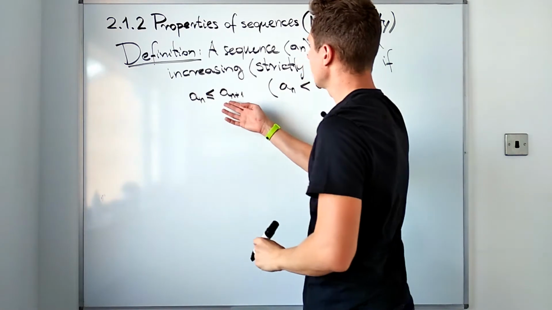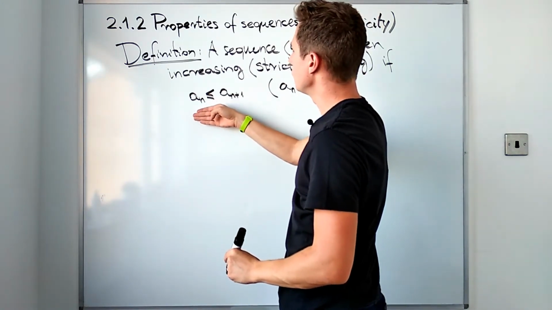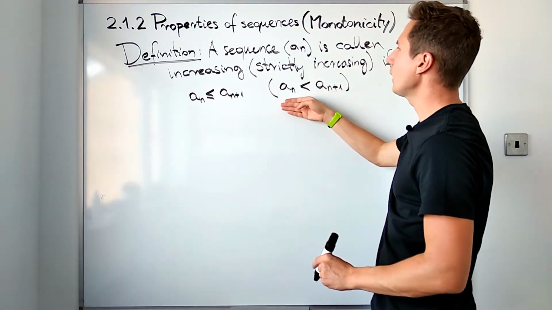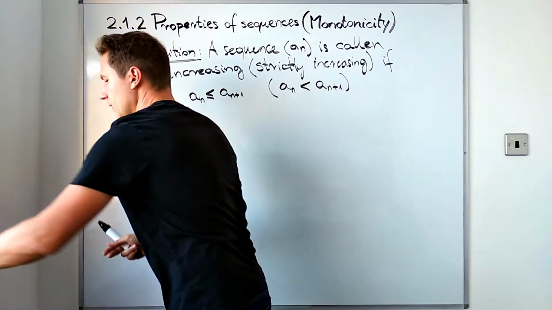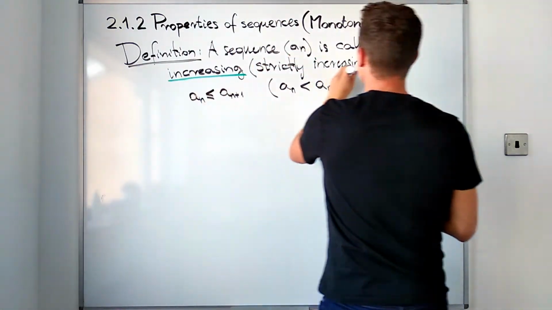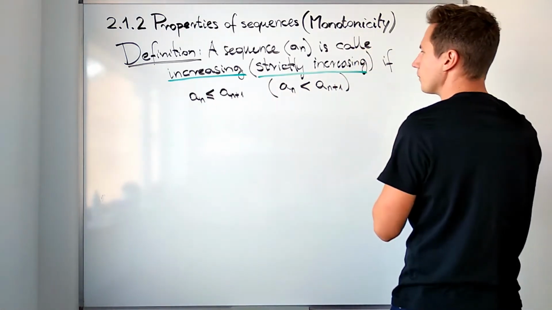Or to put it in a different way, each term in the sequence is greater than or equal to the previous one, or each term in the sequence is strictly greater than the previous one. That is when we say that the sequence is increasing or strictly increasing.